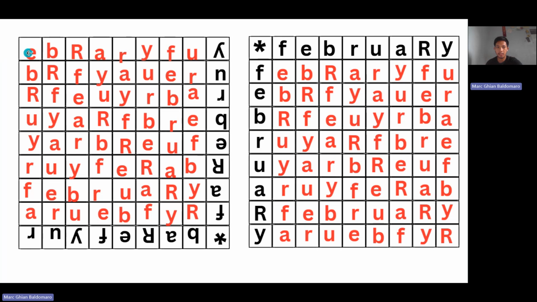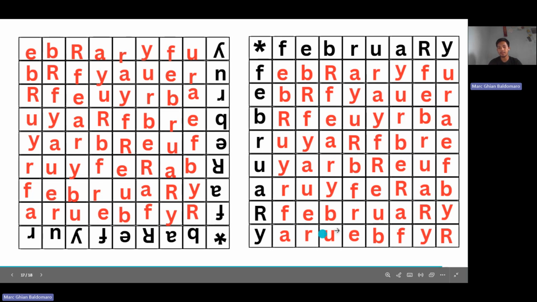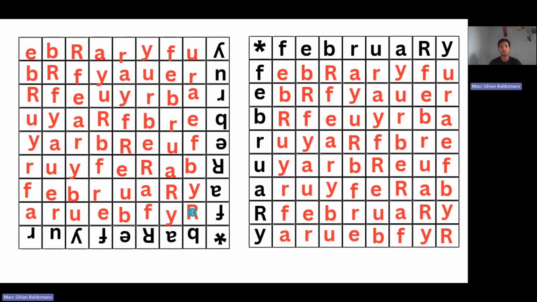Let's compare this and this, row by row, and each of the results matches. Since this and this match, we can say that this is an associative table.